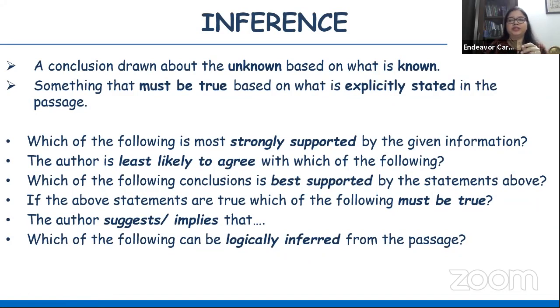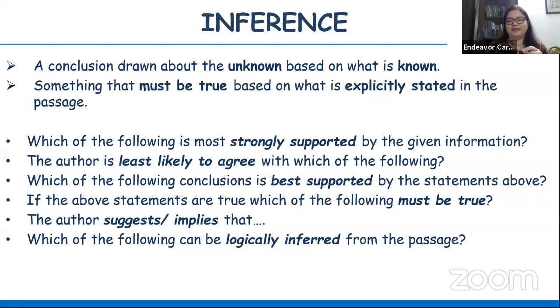Which of the following conclusions is best supported by the statements above? If the given data in the RC is true, which of the following must be true, etc. So when an author says something, he suggests or implies something, which I, as the reader, end up inferring. The reader infers; the author or the speaker suggests or implies.